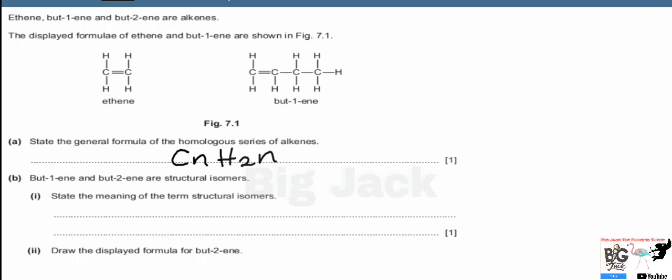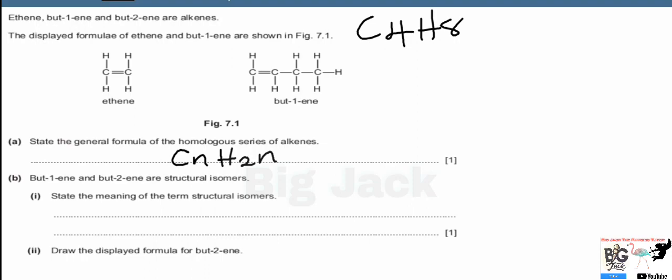In Roman numeral 2, it is saying, draw the displayed formula for but-2-ene. Now I'm saying that butene has C4H8, and usually alkenes have a double bond. The first thing, I'm going to start with but-1-ene.